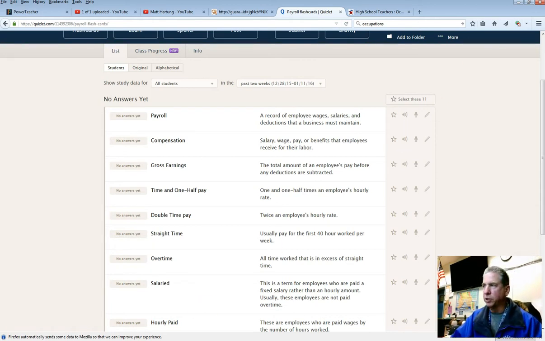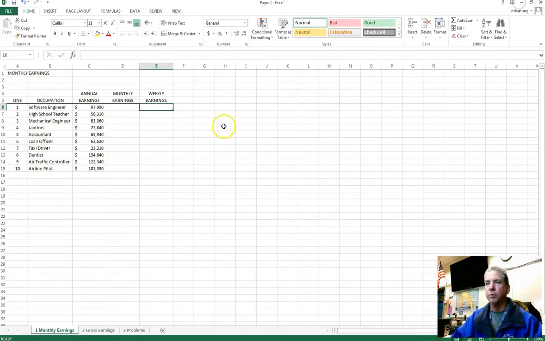Let's go ahead and minimize Quizlet and move over to Excel and start a blank workbook. Once you've started that workbook, you're going to create 3 different pages. Step number 1 is to create a page titled monthly earnings. The second page is gross earnings.